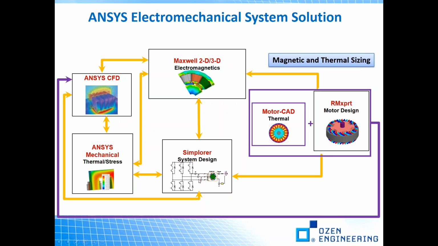In Simplorer, you can design the full system: motor drive, circuits for excitation, inverter, and whatever you need for your full system design. You can use CFD and mechanical for stress and thermal analysis. Basically, it's a multi-physics package, and you can use all of these in a single, common environment.